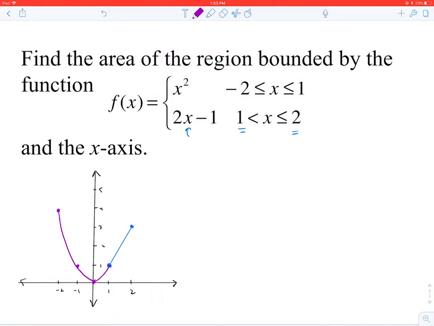So since we want to find the area bounded by the curve and the x-axis between -2 and 2, but this is a piecewise function, even though it intersects the x-axis as well, I'm still going to have to break up the area because I have to use the different pieces of the function to integrate.